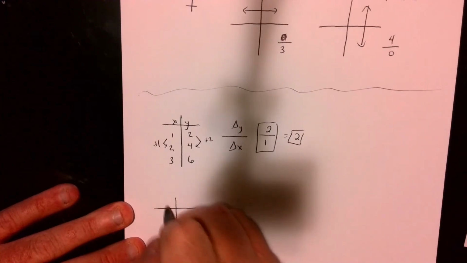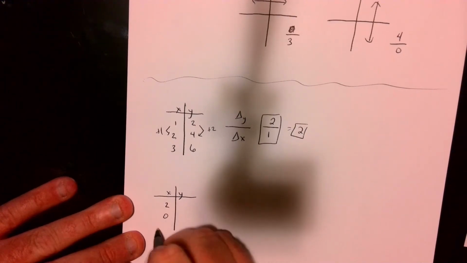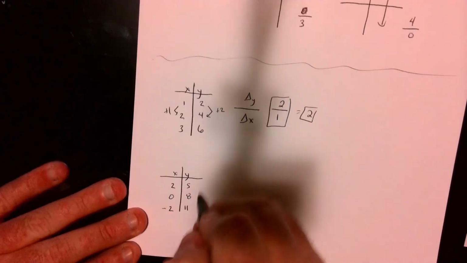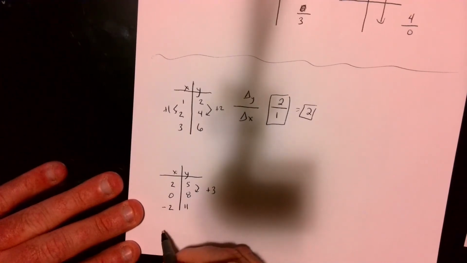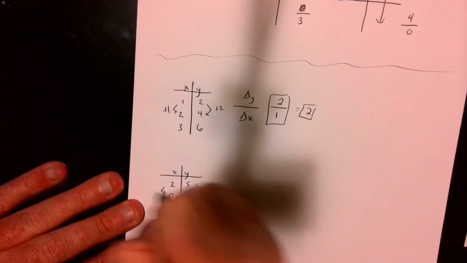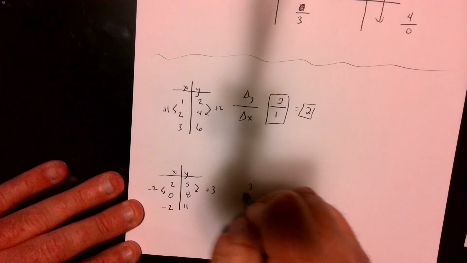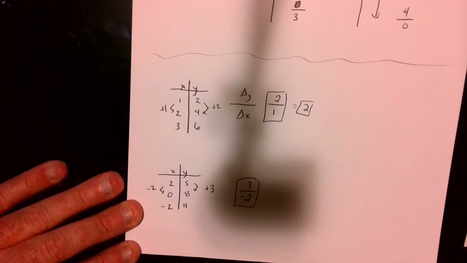If we had a table that looked like this, our change in y, we're getting bigger and we're adding 3 each time. But on our x side, we're getting smaller, we're decreasing. We are taking away 2 each time. So our change in y is a positive 3, our change in x is a negative 2. So our slope is 3 over negative 2.